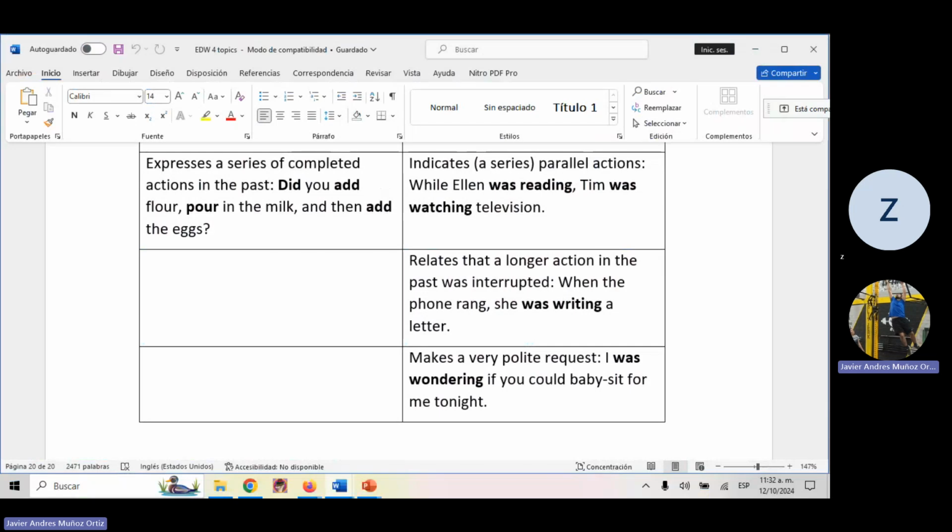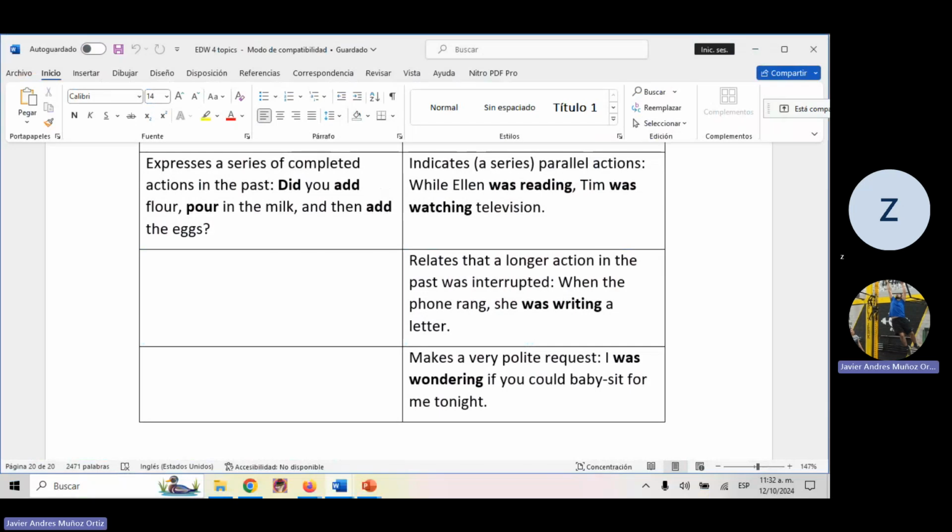This interruption requires the use of past simple. So the big activity, the long activity, the most important activity here is mentioned with past continuous. And the activity that interrupts the big activity is mentioned with past simple tense.